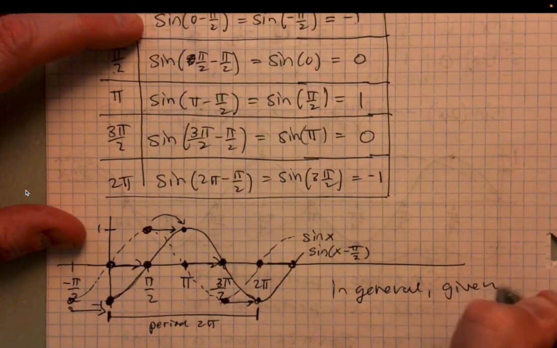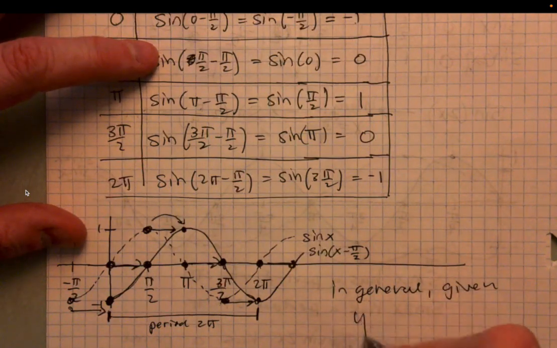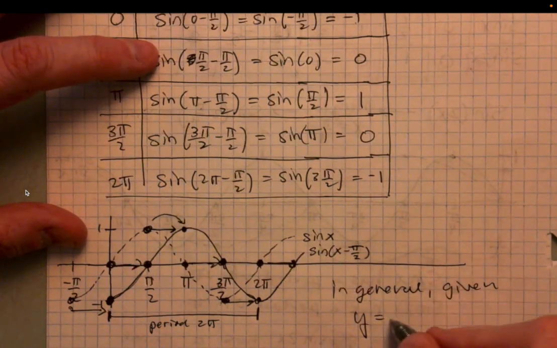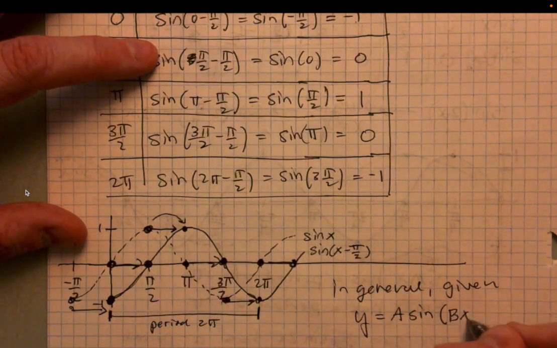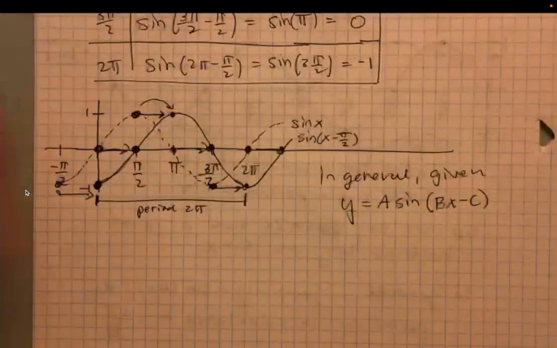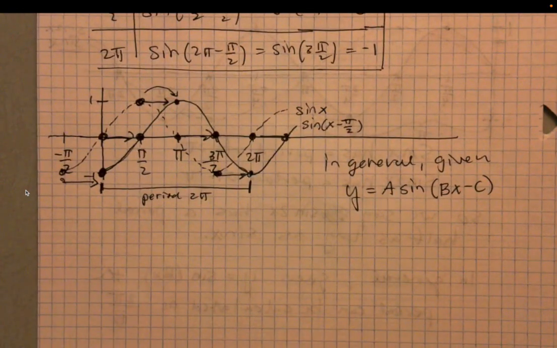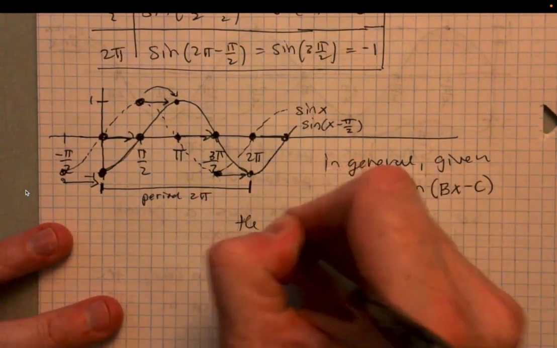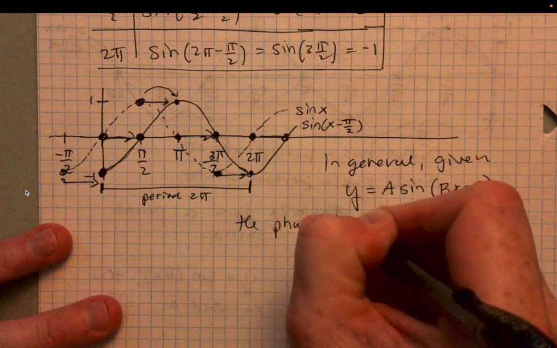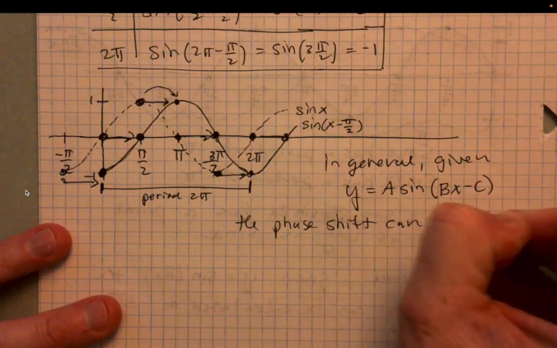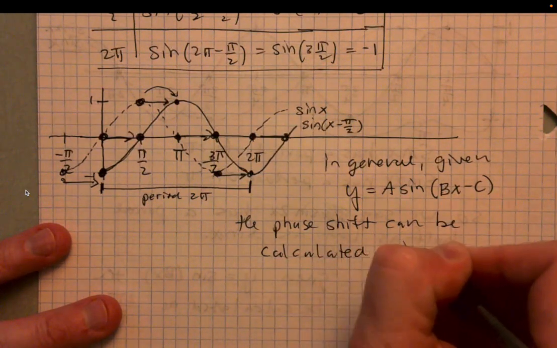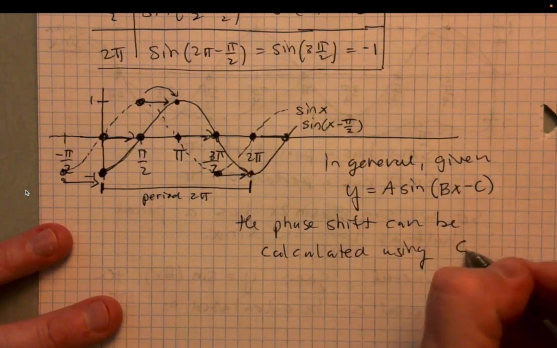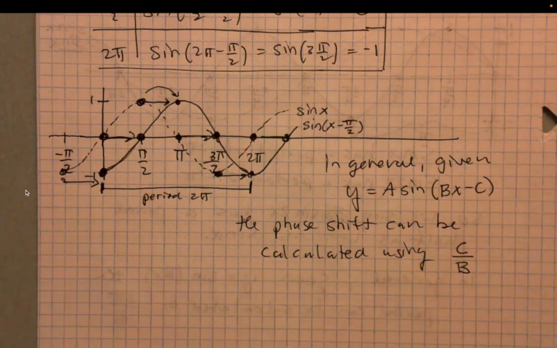If we're given y equals a sine of bx minus c, then the phase shift can be calculated using c over b.